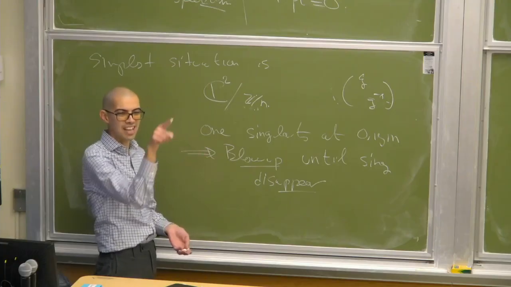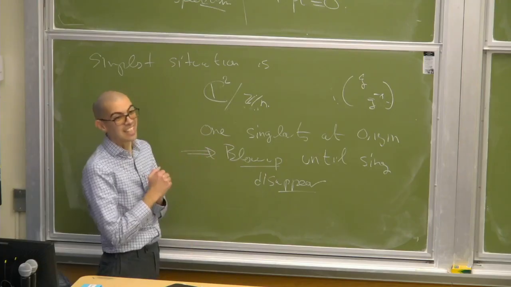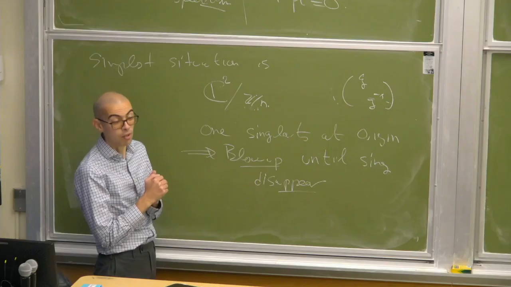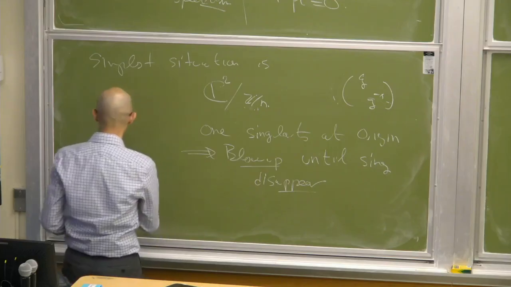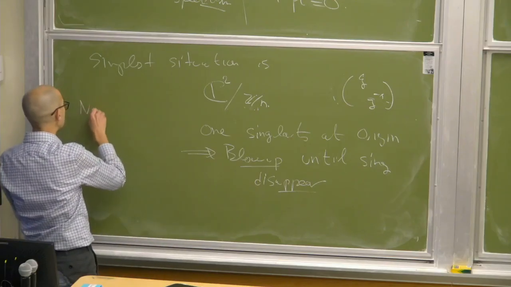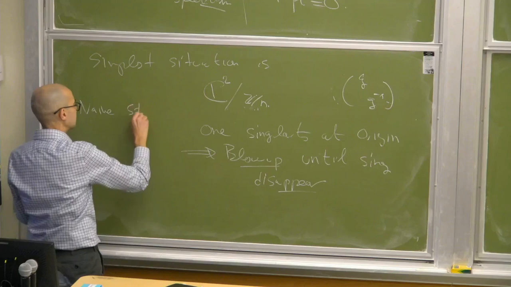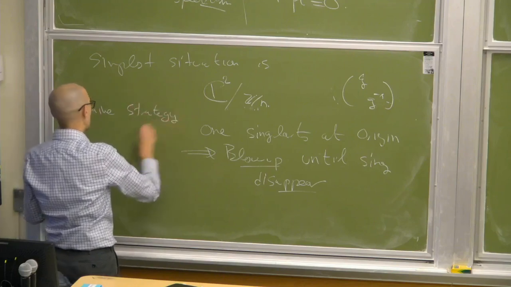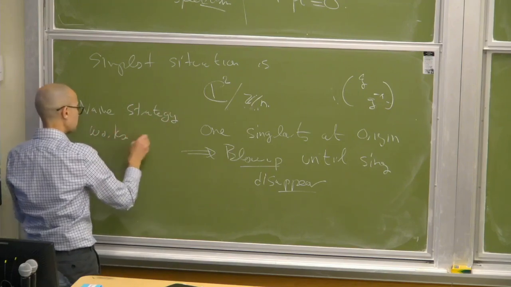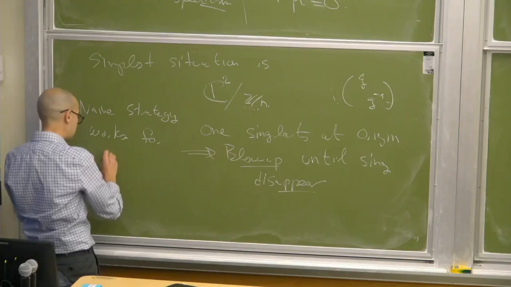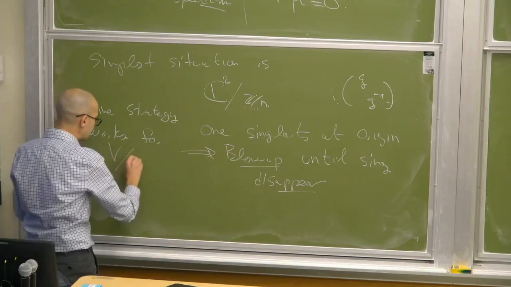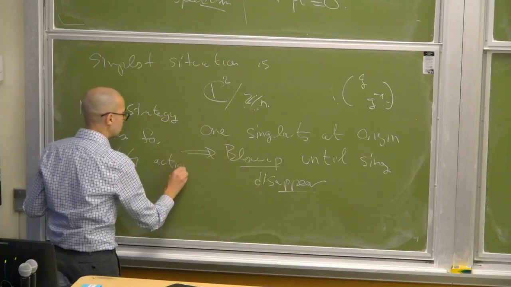Like you can go in some cycle. That doesn't happen with singularities arising from group quotients. This naive strategy works for V mod gamma, an action of a finite group.